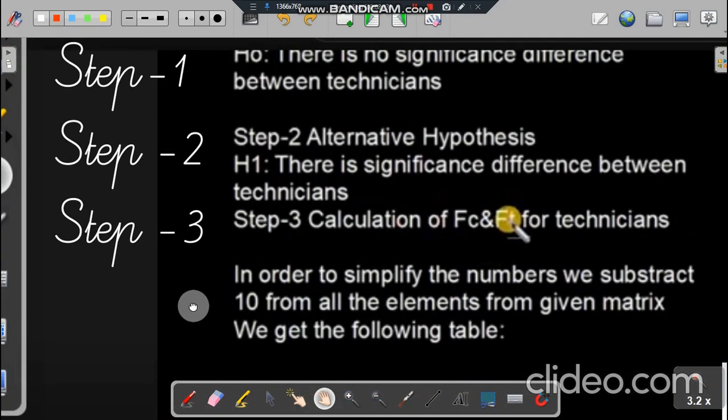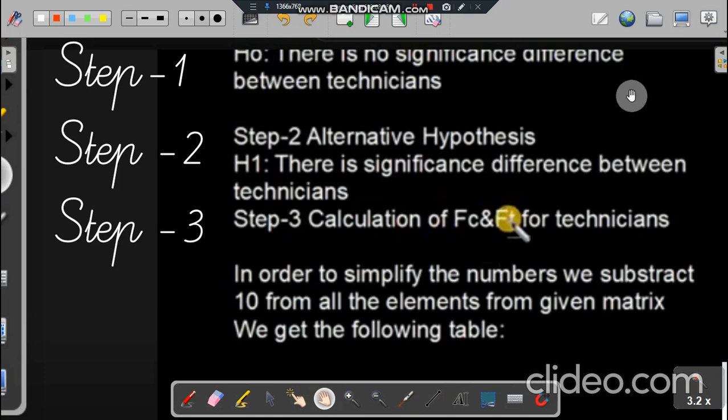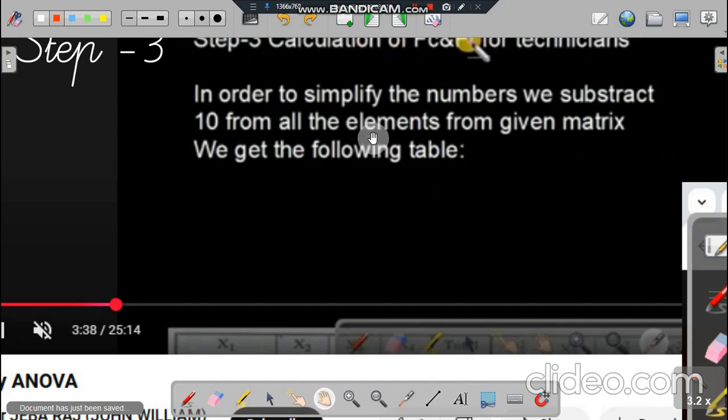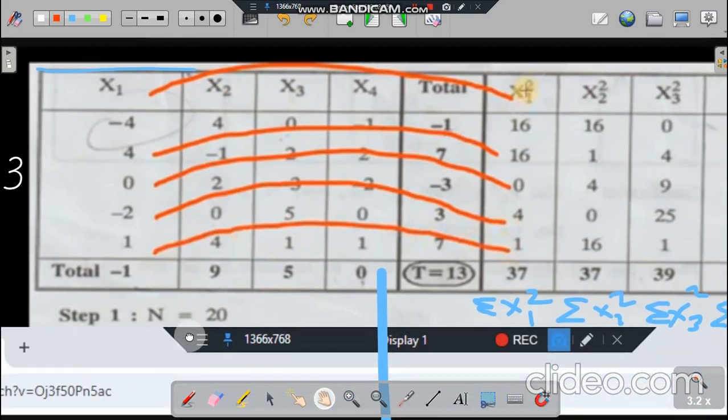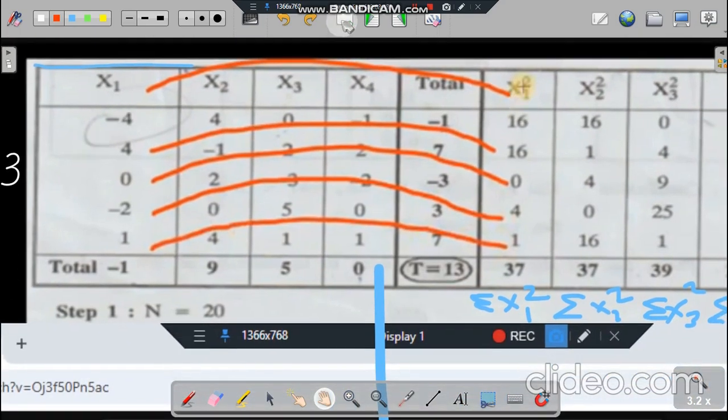The first step is the null hypothesis. There is no significance difference between the technicians. And the second step is exactly opposite to that. That is the alternative hypothesis. There is a significance difference. Then we are calculating F calculated by the tabular method, where this table comes from the previous given table by subtracting 10 from each element.